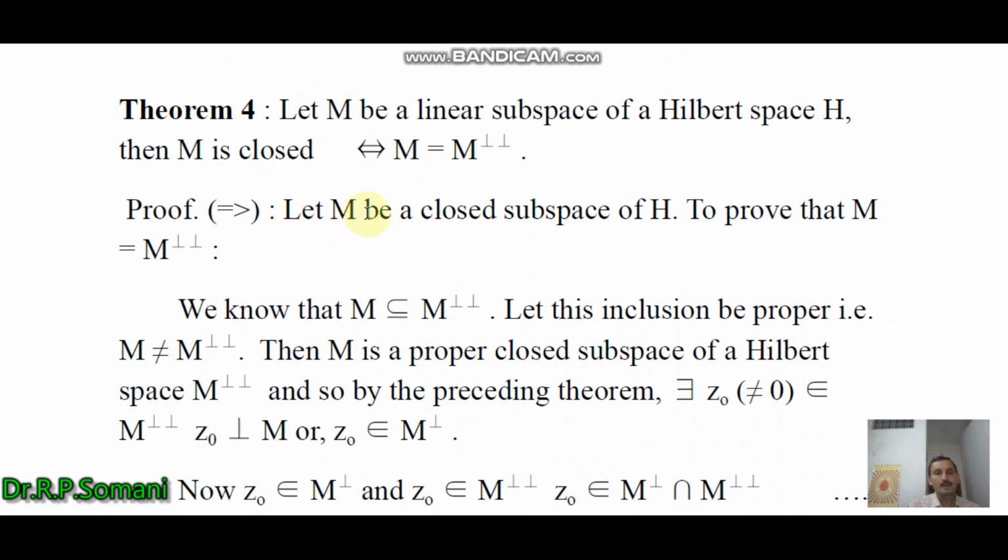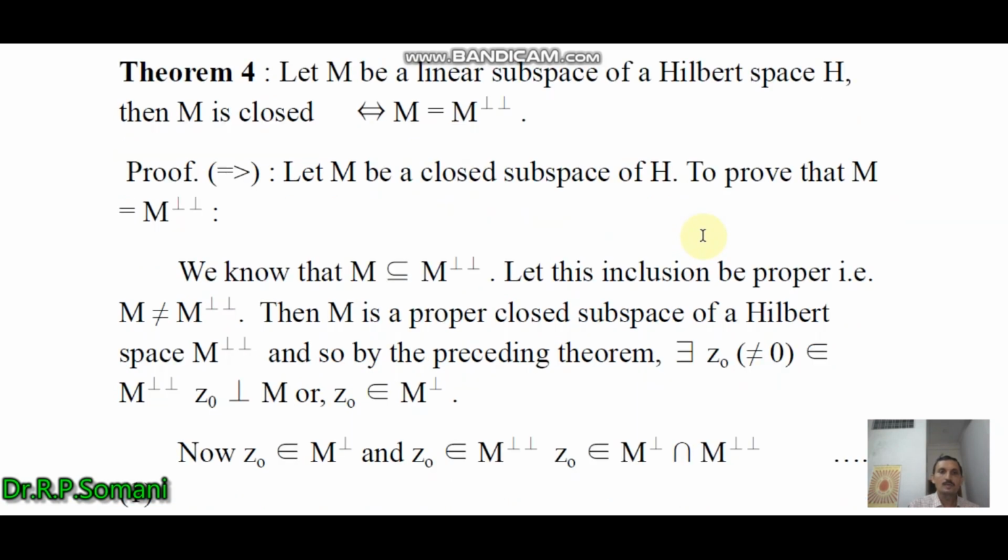For this, let M be a closed subspace of H. Then we need to prove that M equals M double orthogonal. As we know, M is a subset of M double orthogonal. So let this inclusion be proper, that is, M is not equal to M double orthogonal.